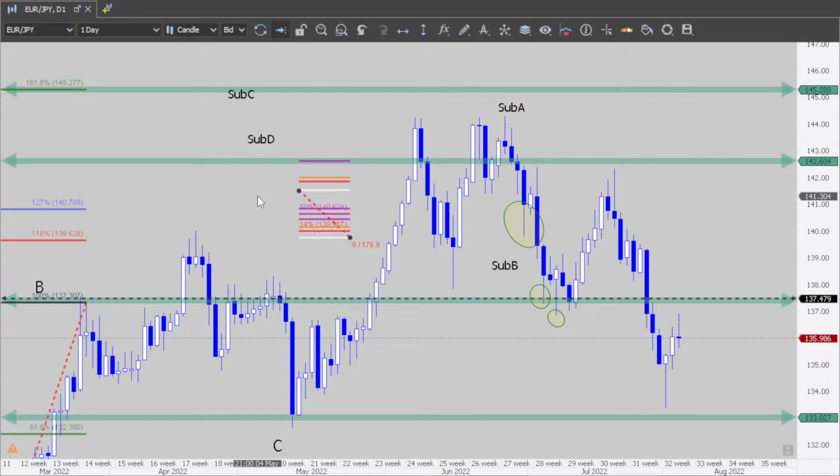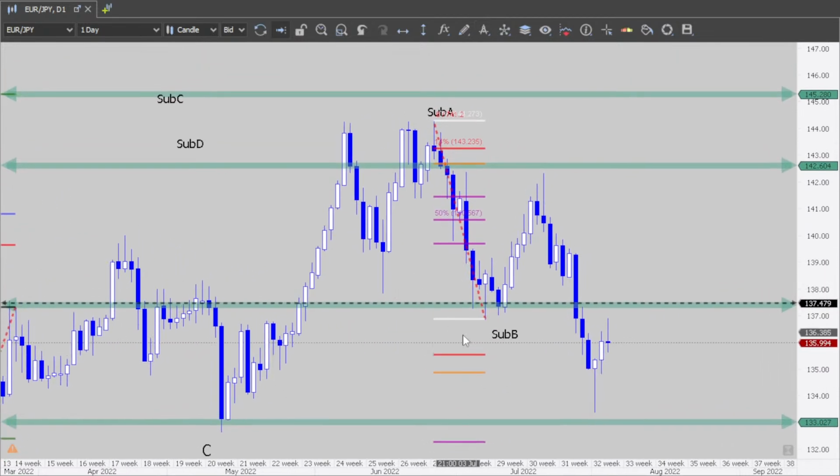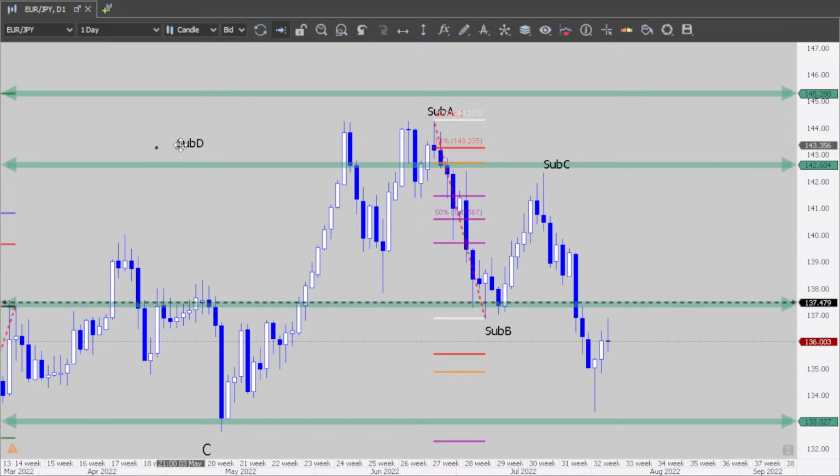Loki says the third is the B. Congratulations to you, yes sir. So this is our sub B, and we're going to spread our Contrarian Fibonacci. Whoops, not like this, but like this, right? Sub A, sub B, one more time. Sub C is up in here, and our projected sub D extension is down in here.